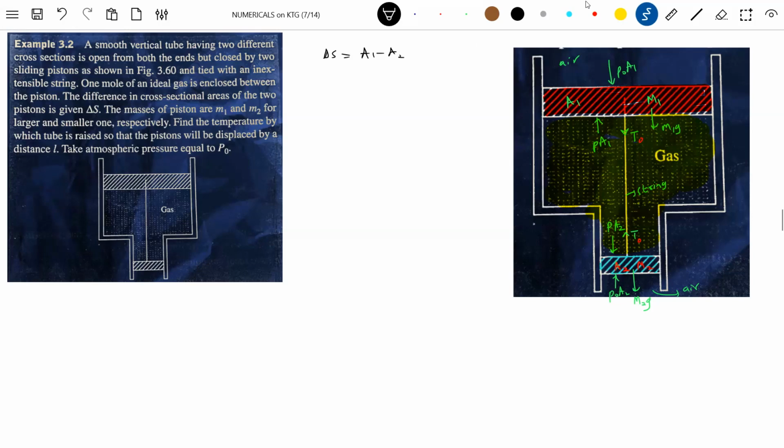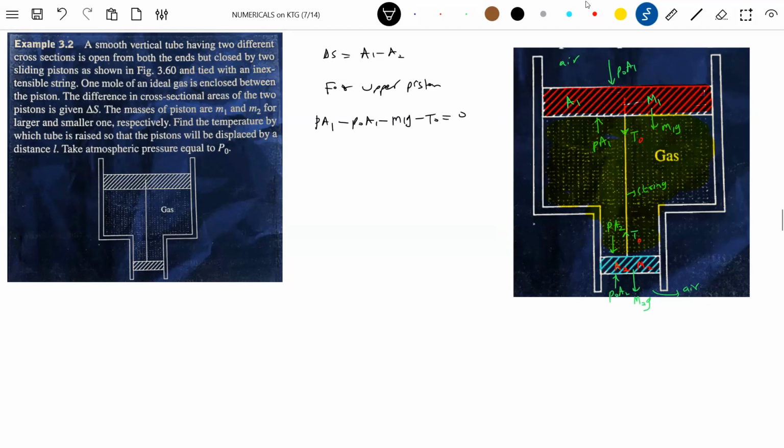Okay, now let's take the upper piston. For upper piston, what are the forces that will be acting? PA1 minus P0A1 minus M1G minus T0 equal to 0. Agree this?